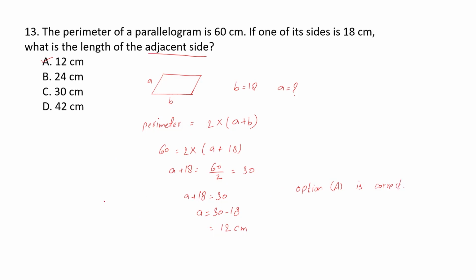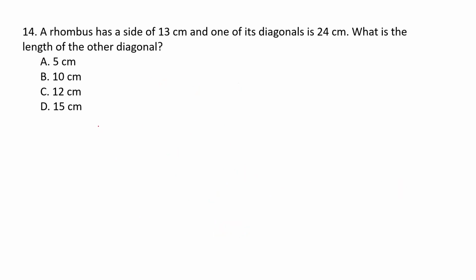Is that okay? Next problem. A rhombus has a side of 13 centimeter and one of its diagonal is 24 centimeter. What is the length of the other diagonal? Okay. One side is given for rhombus and one diagonal is given.